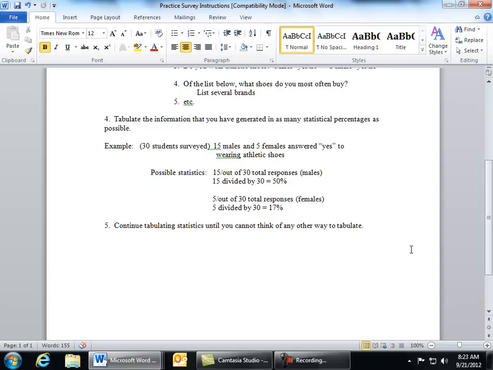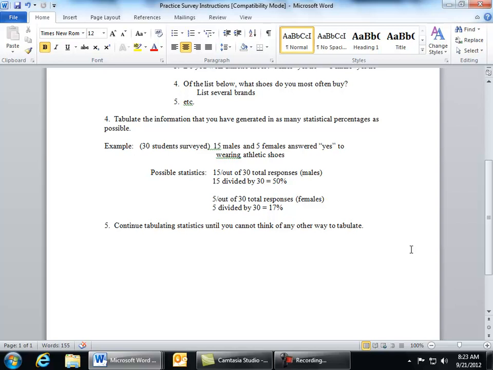And then number 5, continue tabulating statistics until you cannot think of any other way to tabulate. When we say tabulate, that means make sure I have an idea of what my research is going to come down to. If I'm asking all yes/no questions, or I do multiple choice, what percentage of them are actually answering this question?